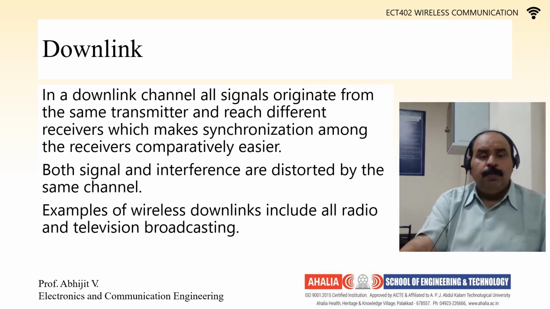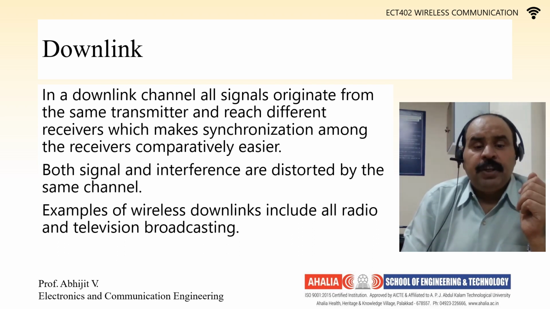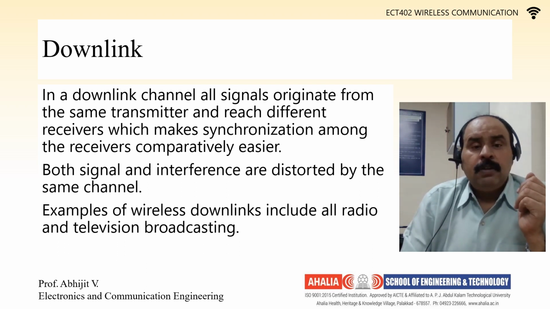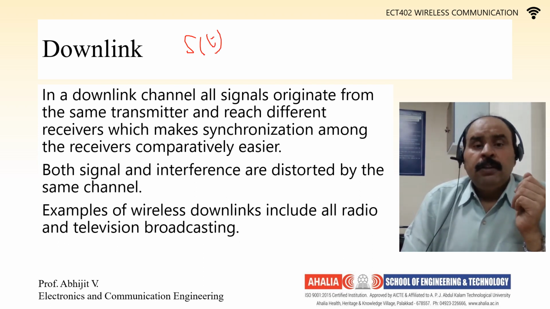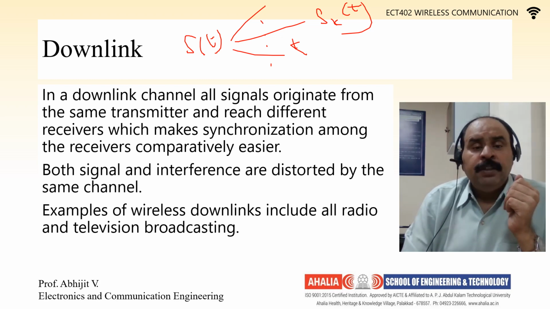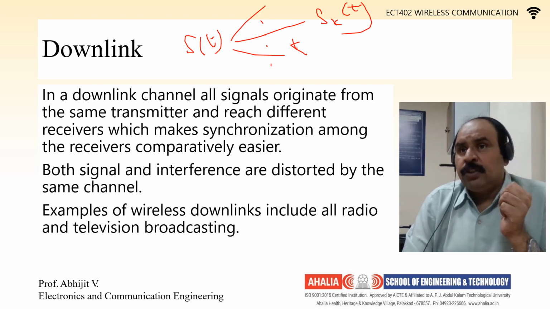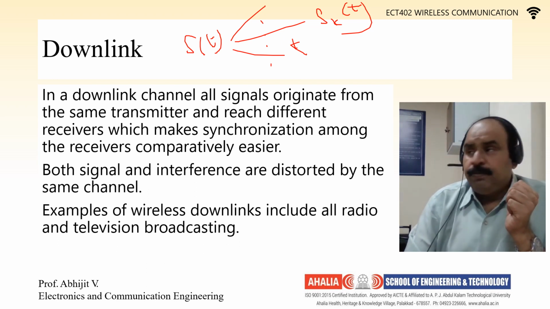As shown in the block diagram of the downlink channel, all signals originate from a single transmitter. We call this S of t. This signal is split, for K users, into Sk of t, which originates from the same transmitter and reaches different receivers.